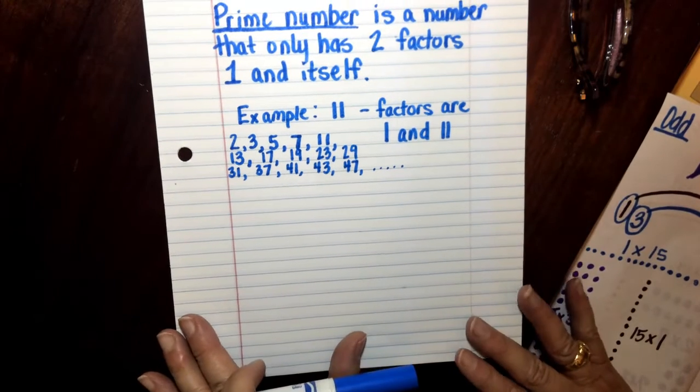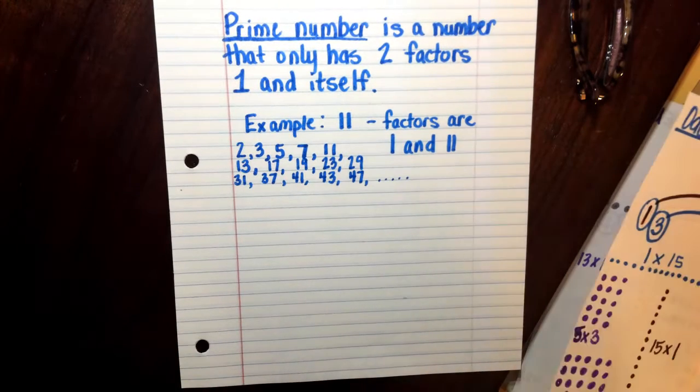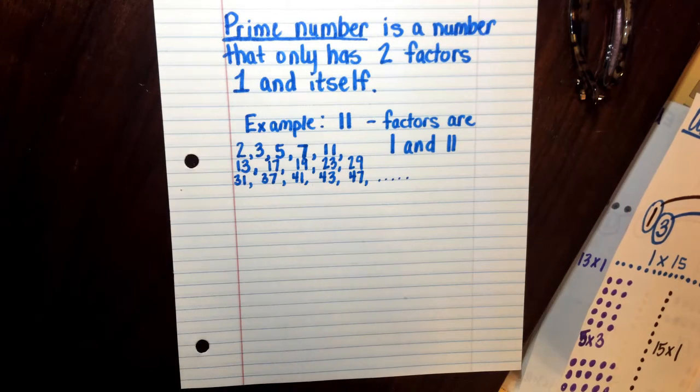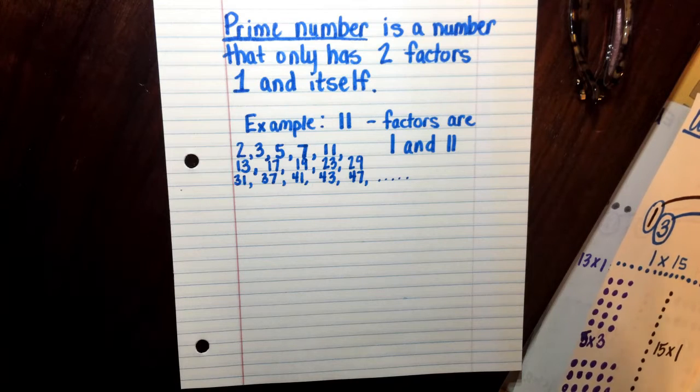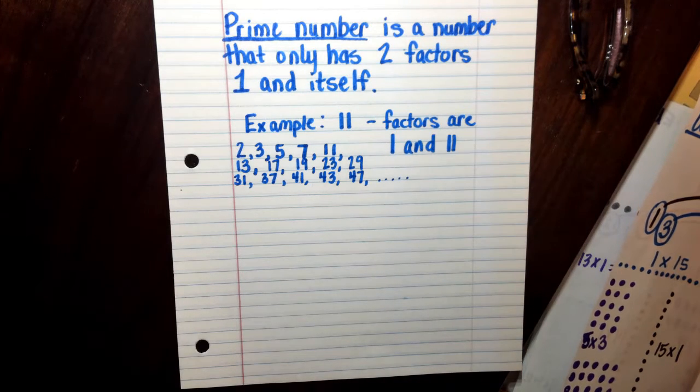Let's talk about what is a composite number, because a lot of times boys and girls get the word composite number and prime number confused. They get the definition confused with each other.